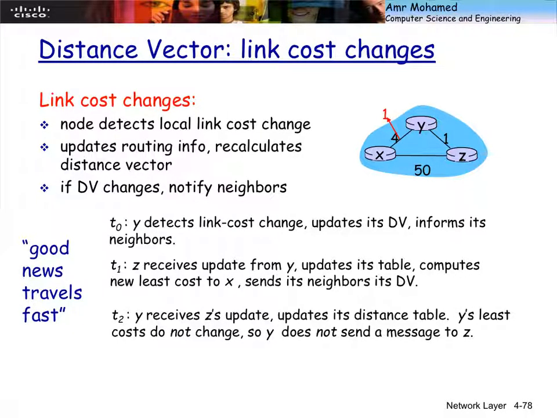So Z will have to send the new distance to Y and X, sending its neighbors the DV, the distance vector.